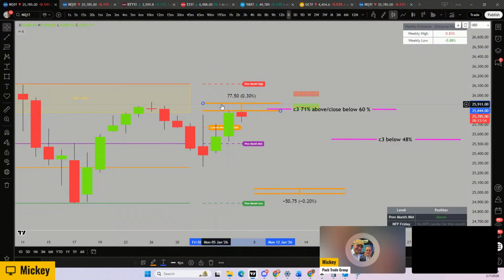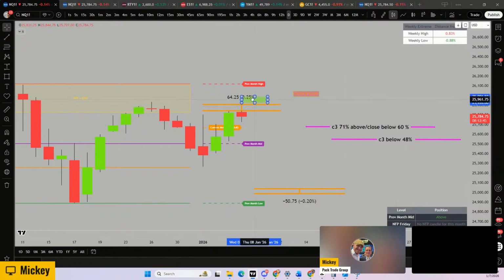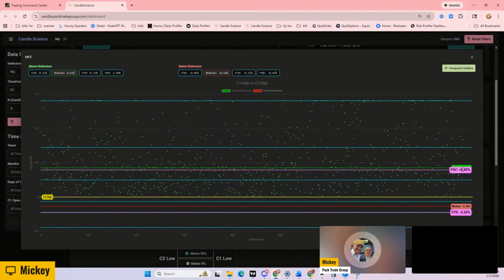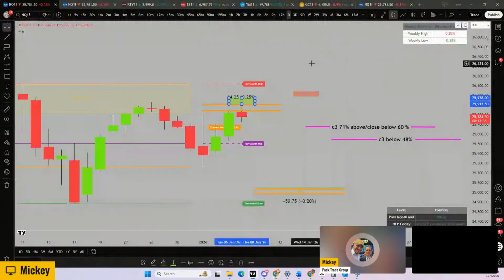Let me readjust this because I had 0.3 as 0.25, so right there. The 50th percent, 50% of the reversals have happened by 0.43. So we're going to draw that out.